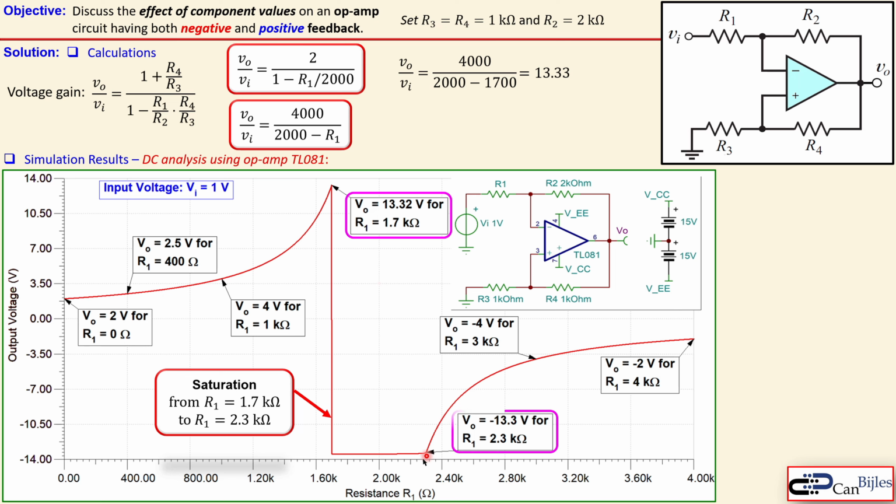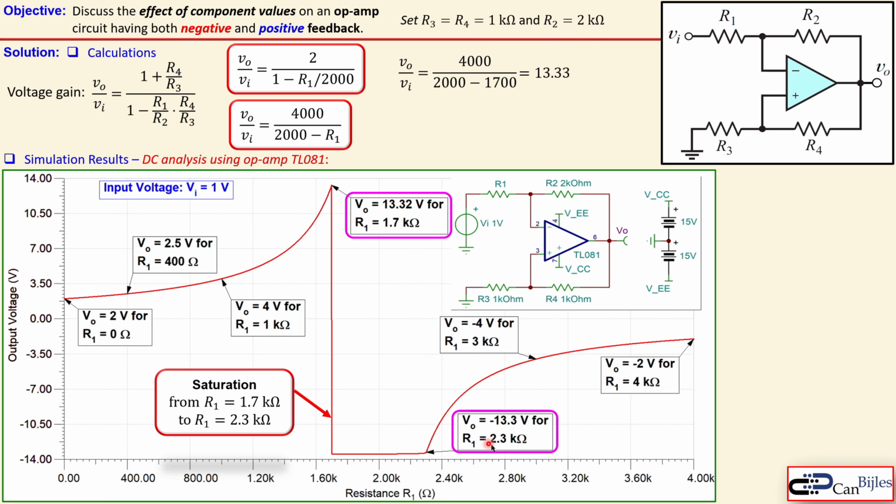Now, if you look also at the other extreme, if the resistor R1 is increased, so for example goes to 1.8 kilo ohm, then it drops dramatically to the negative rail, and then it stays there up to 2.3 kilo ohms, and then it starts to increase. So why is this staying at this level, and why is this not increasing right away?